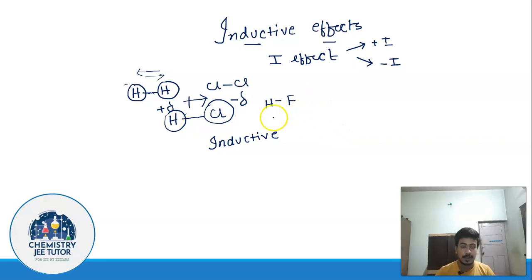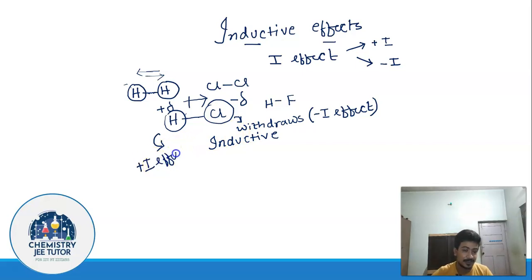Now what happens is that this one, the one which withdraws the electron, we say that this one has a minus I effect, and the one which donates the electron cloud is something we refer to as plus I effect. So what is it?